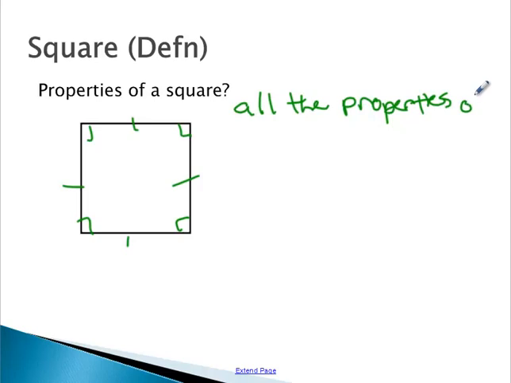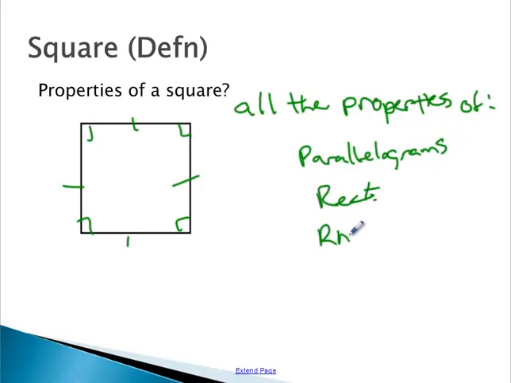And they're all the properties of parallelograms, rectangles, and rhombi. So all of the properties that we've done in section 6.2 through 6.4 and earlier in this video are all properties of a square. It has every single property.